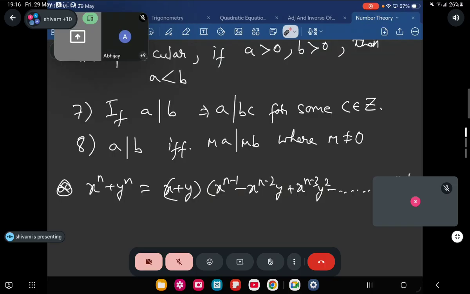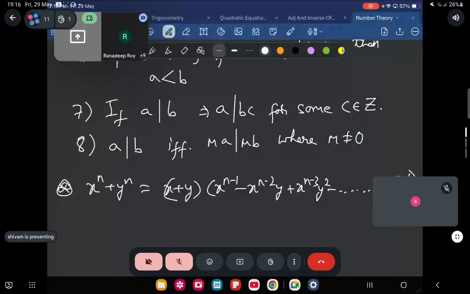Can anyone tell me why the last term should be positive? The last term could be negative also. Raise your hand and explain. Yes, Ronaldip, tell me. Because y to the power n is positive?